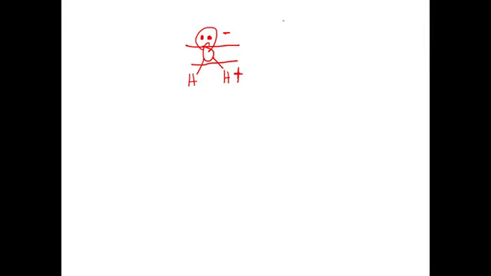Okay, what happens if another molecule of water occurs or becomes near? Okay, the negative portion of water here and the positive portion of another molecule of water will be attracted to each other because they have different charges. Positive and negative charges attract each other.